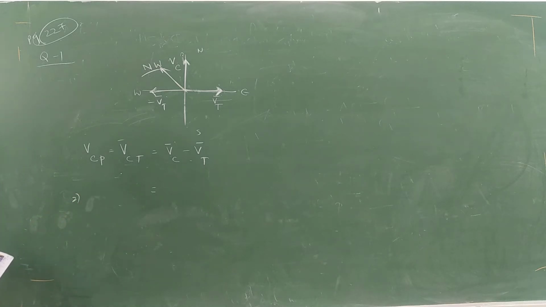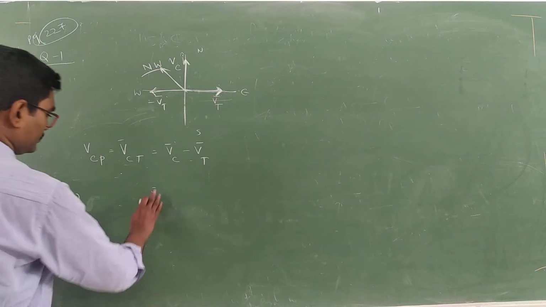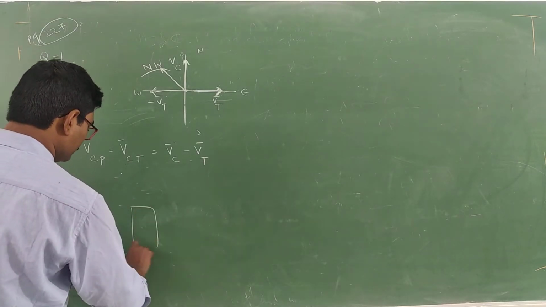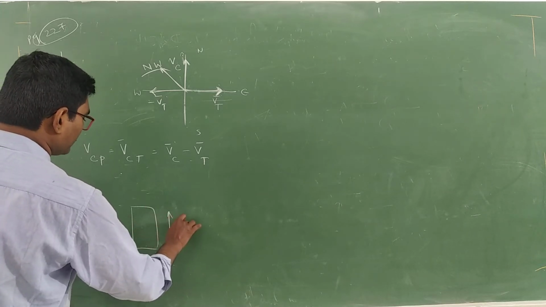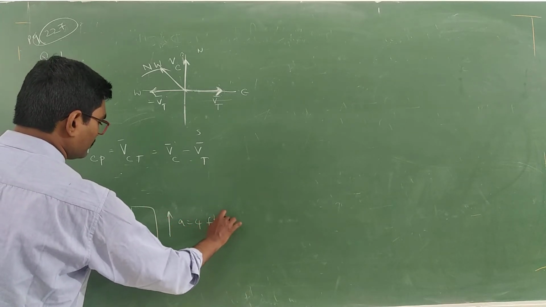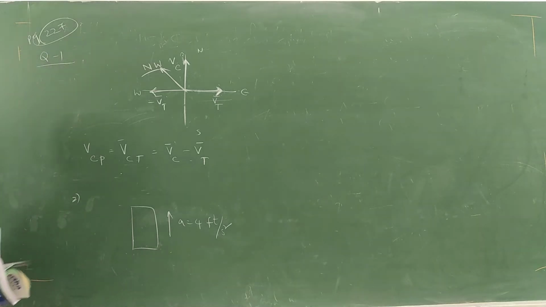Second question. A lift starts ascending up with an acceleration of 4 feet per second square. There is a lift moving upward with an acceleration of 4 feet per second square. Till now we discussed meter per second square; this is feet per second square. Okay.